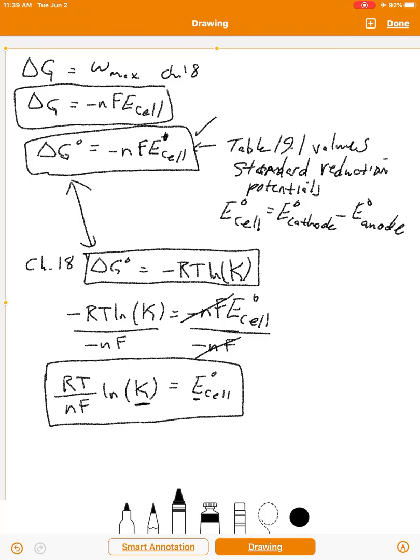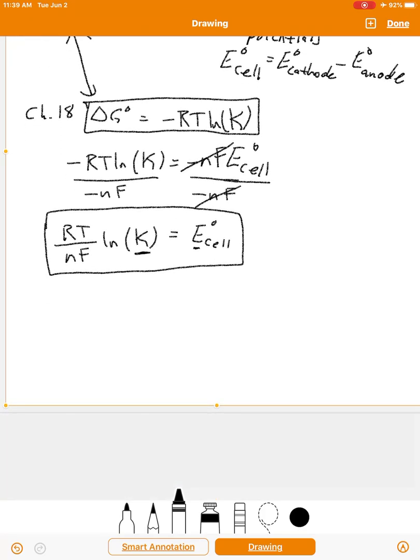Now I'll point out that some of the values in this equation are constants. F is a constant. That's Faraday's constant, 96,500 coulombs per mole. R is a constant. In energy units, it's 8.314 joules per kelvin mole. So suppose we're under standard conditions and the temperature is 25 degrees C, which of course is 298 Kelvin.